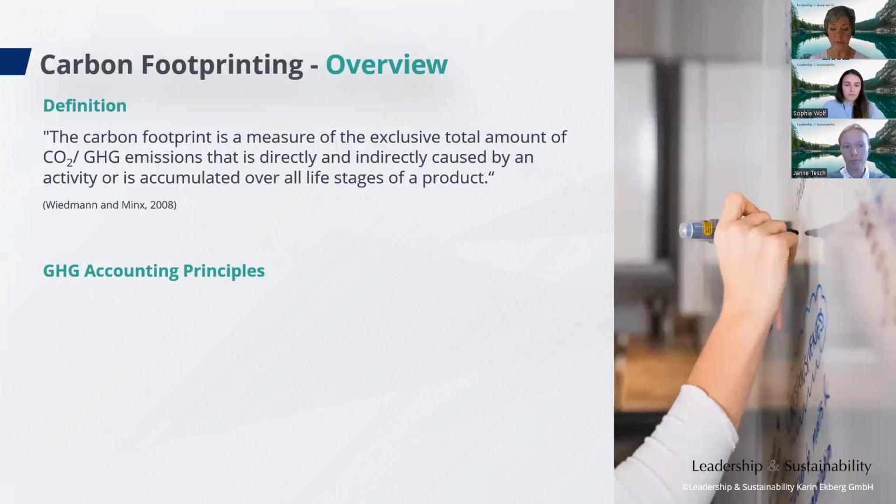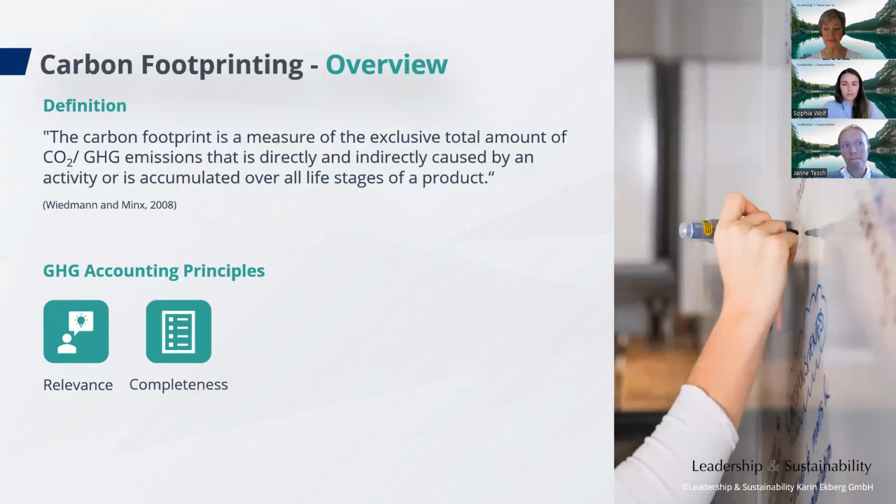We have the principles. Relevance ensures that the carbon footprint is calculated suitably, or the calculation suitably reflects the greenhouse gas emissions of the company and serves the decision-making needs. Completeness secures the reporting on all greenhouse gas emission sources and activities within the chosen inventory boundary.